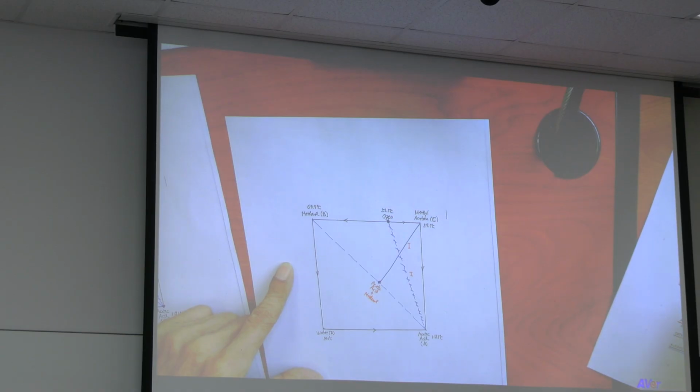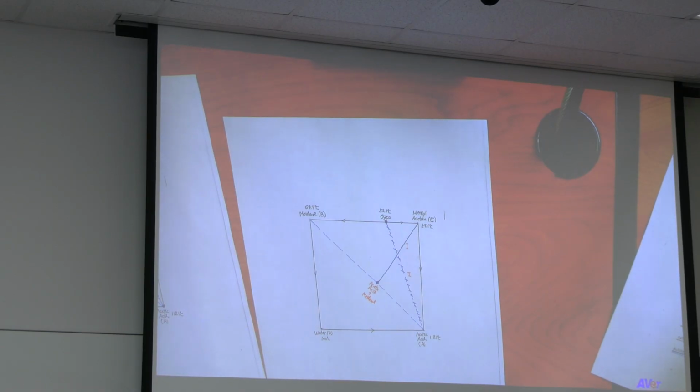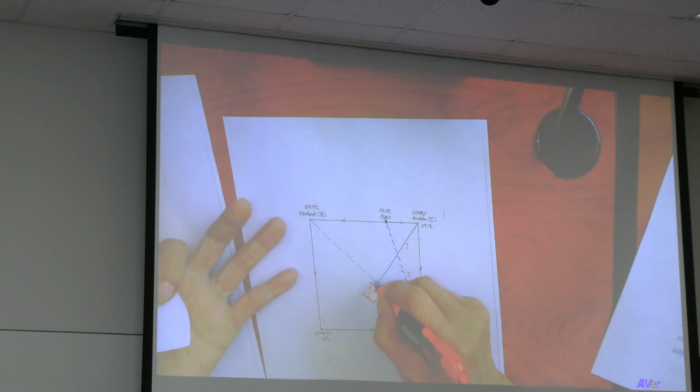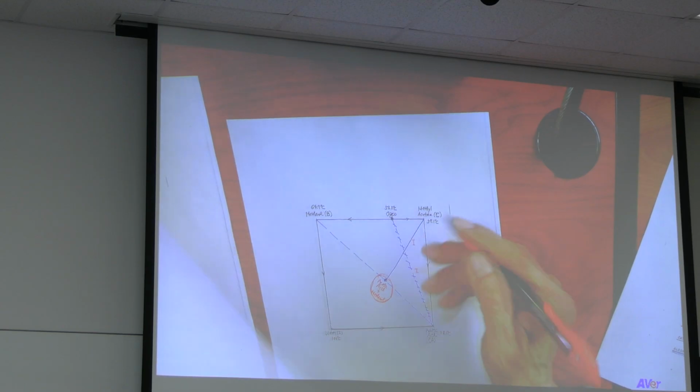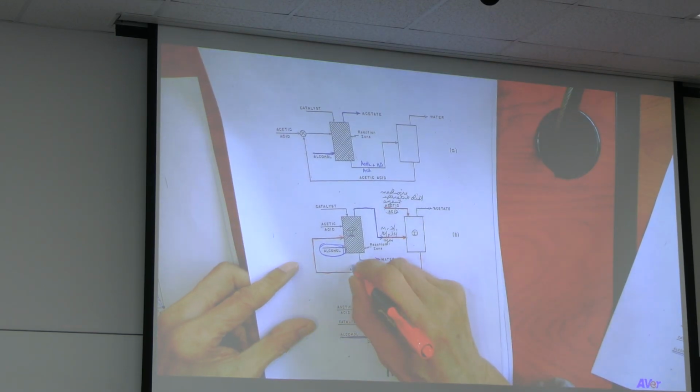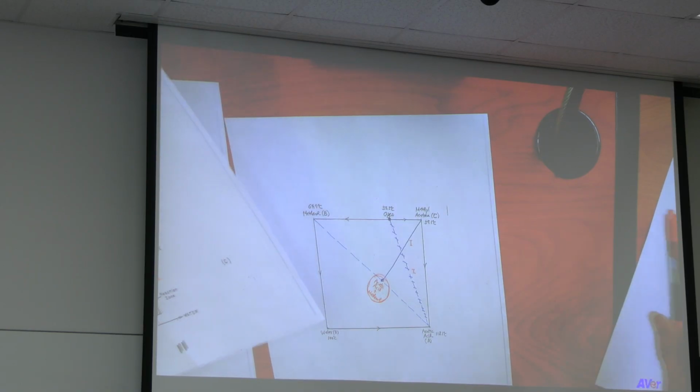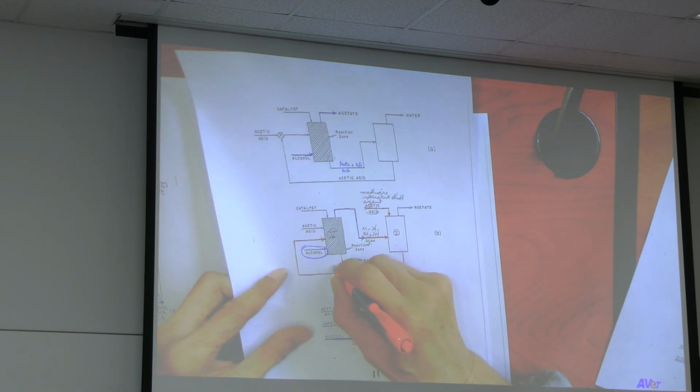Here is, you look at our column, acetic acid methanol. No, alcohol, that's right, this one.